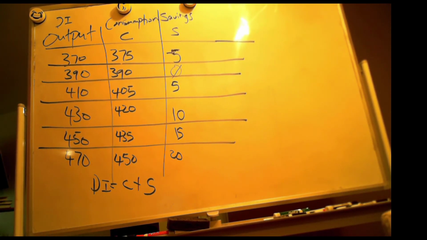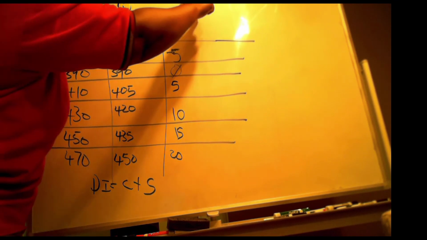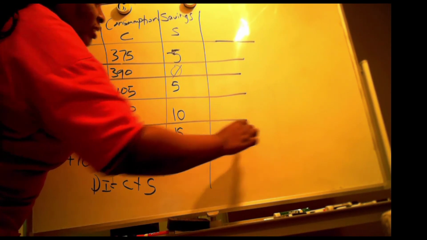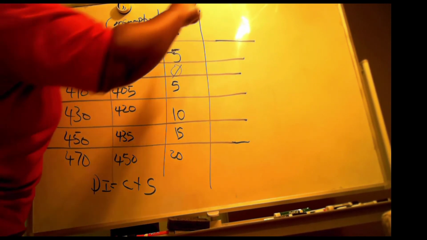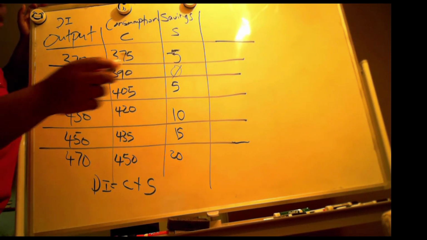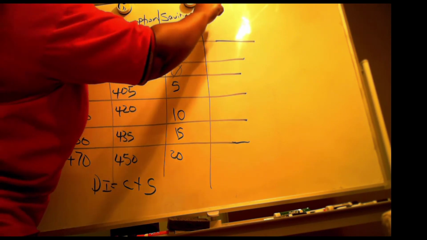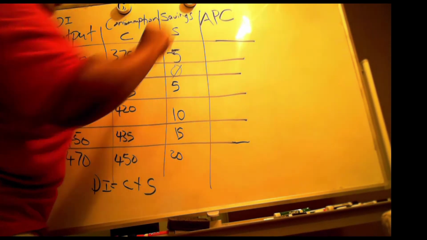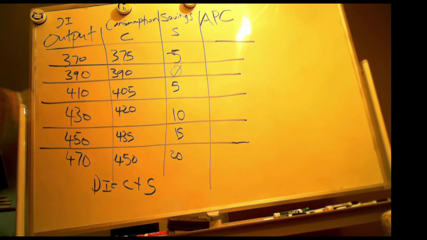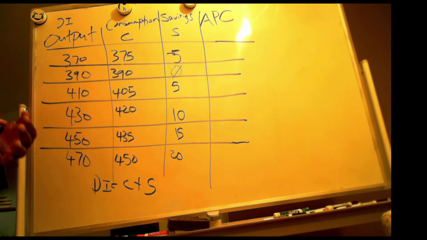Now there's some other key things I want to show you, some other components that are very important. The first thing I want to show you is what's called the average propensity to consume. When we go back to the lecture, I'll show you what I mean.